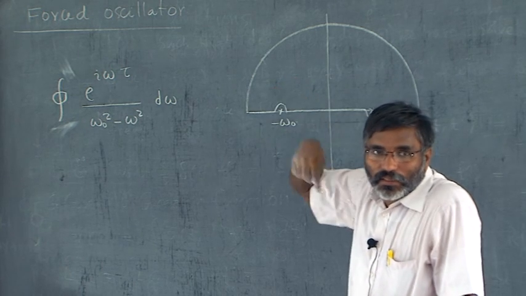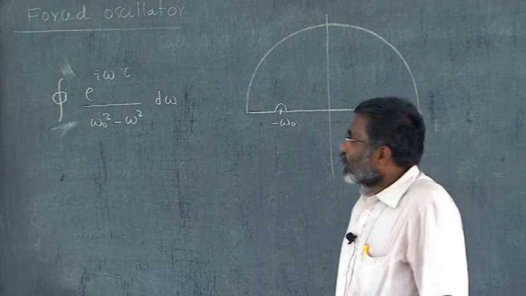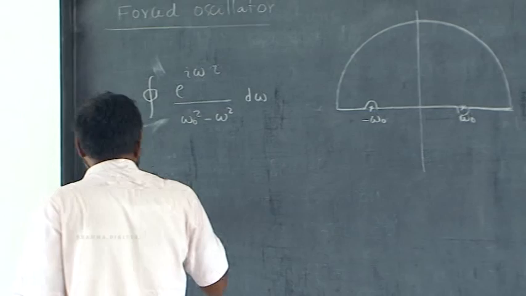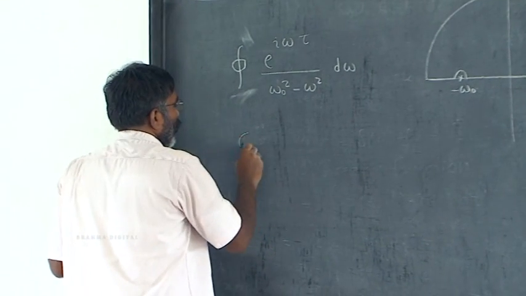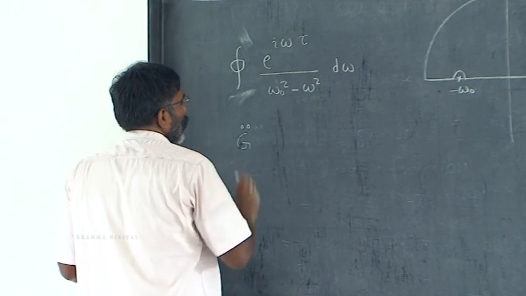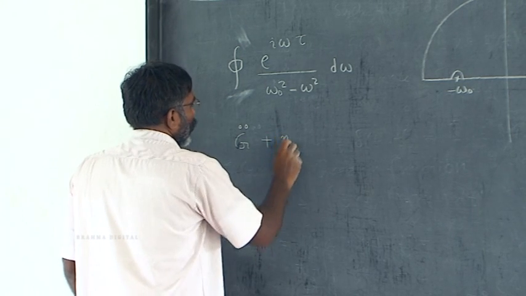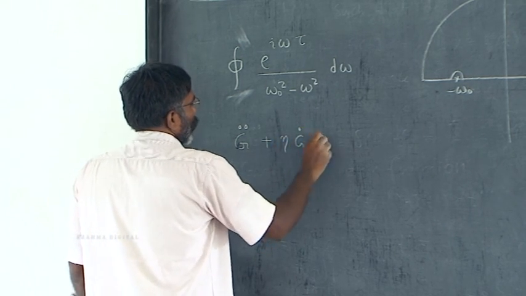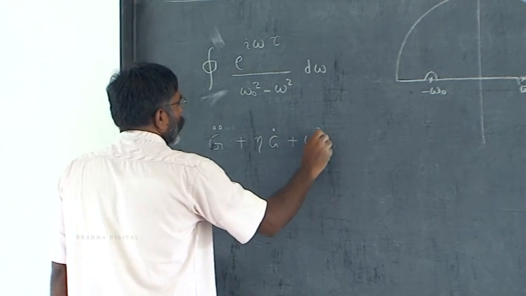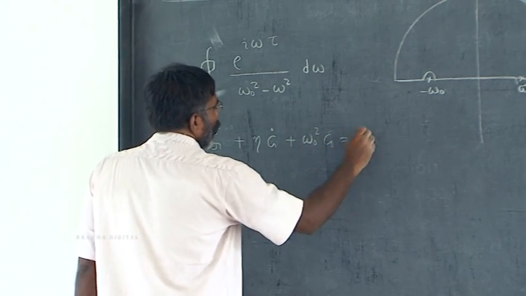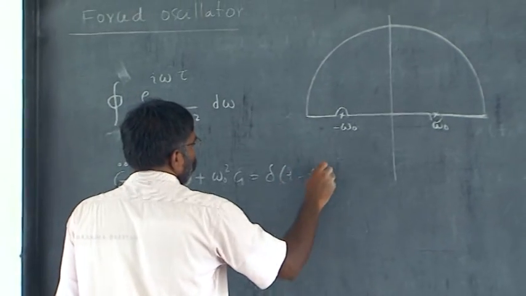How do I get this slight imaginary part? I can get this provided I solve this equation, that is g double dot plus some eta into g dot plus omega naught square into g is equal to delta of t minus t prime.